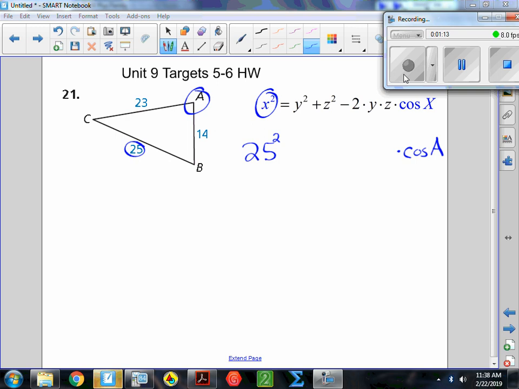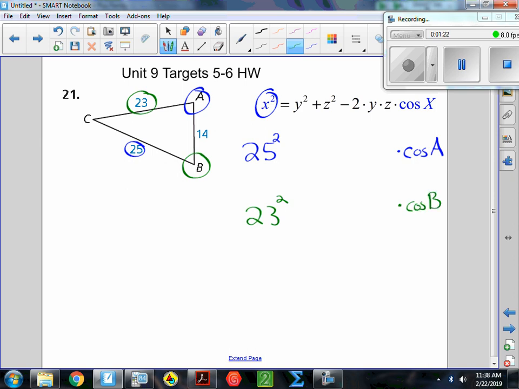I could have equally started my problem with B and the 23 and said 23 squared is equal to a bunch of stuff and ended it with a cosine of angle B. That's the point. It doesn't really matter which letters you're using. It matters that you start and end the problem with that structure of being the angle and the side opposite the angle.